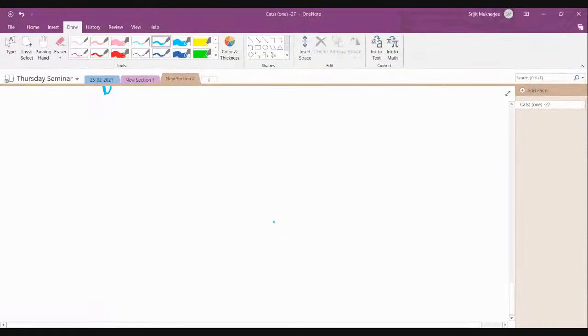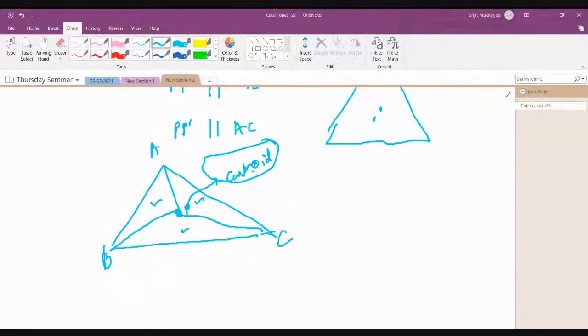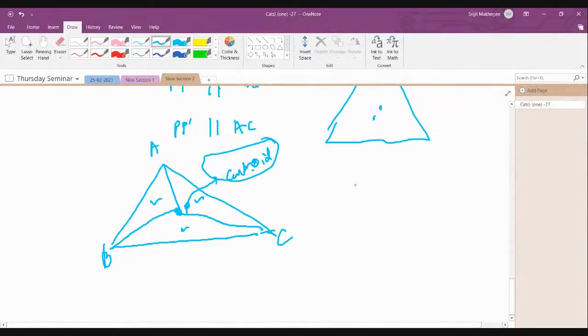Last figure? Oh, for the median? For the median, you want me to prove that the areas are equal? Okay. So yeah, sure, I will prove it for you.